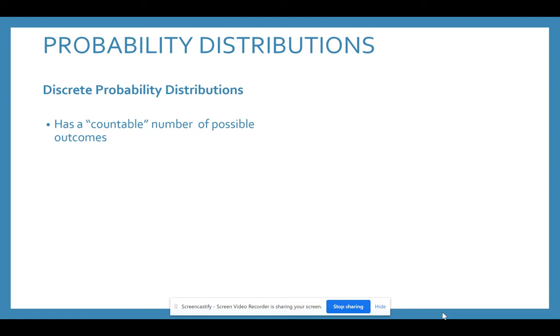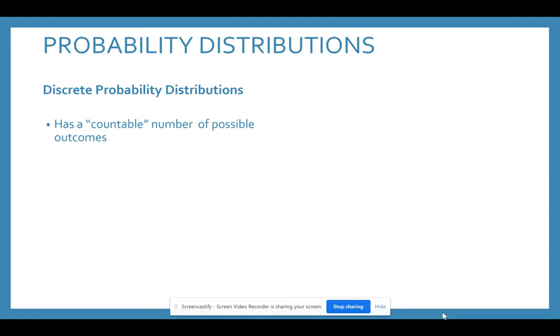Again, think about the example of rolling the die. We have 6 possible things that can happen. So that's a countable number of outcomes. If you use an example of flipping a coin, there are 2 possible outcomes.